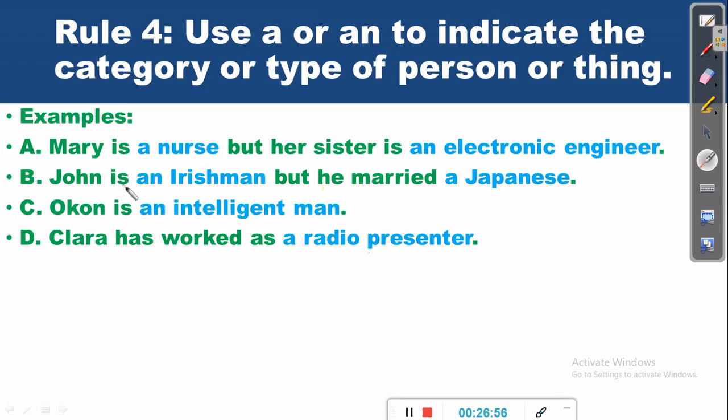Example B, John is an Irish man. John is a member of the Irish community, or nativity. All right, John is an Irish man, but he married a Japanese. So this is also a type of person.